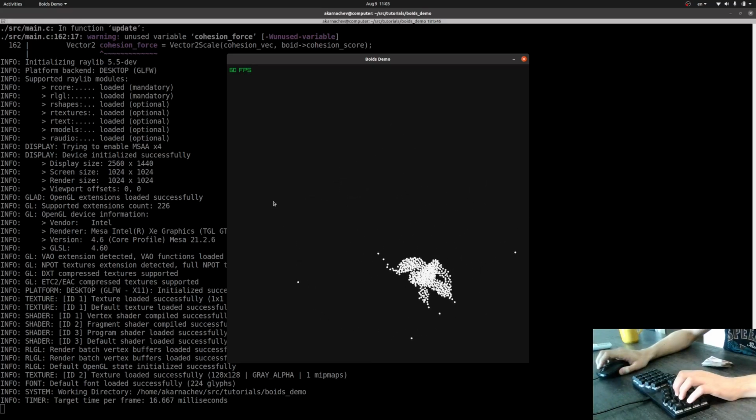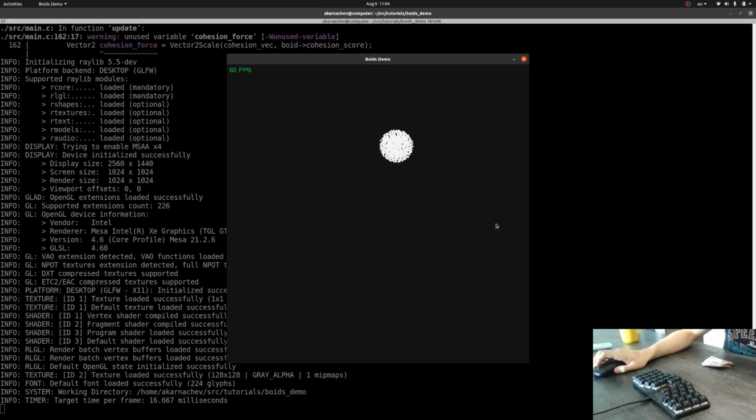Wow, this is super cool. Also, as you can see, when they formed some kind of a common group, all Boids in one group, they cannot separate anymore. Maybe if we put the cursor here, no. Yeah, they can't separate anymore.